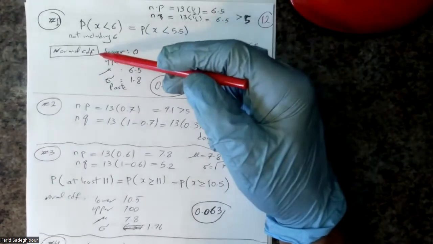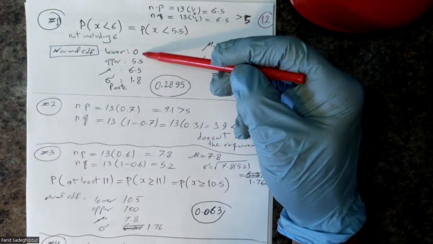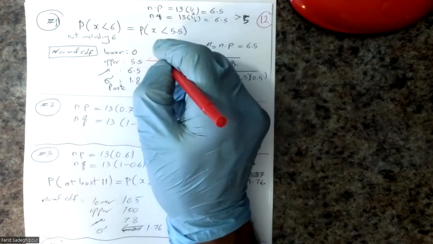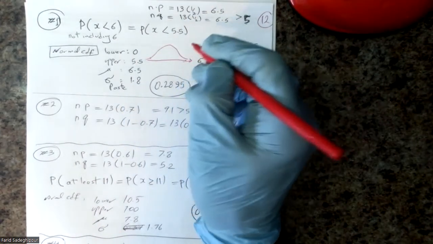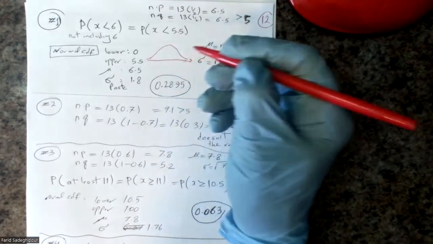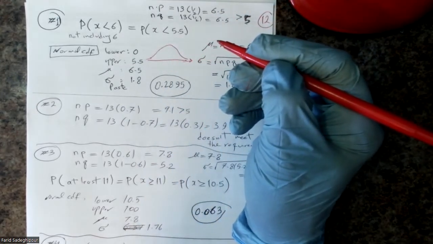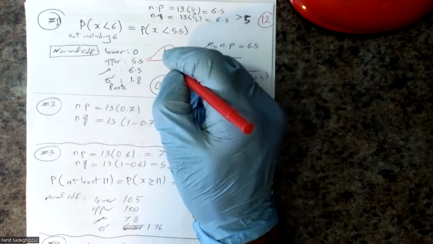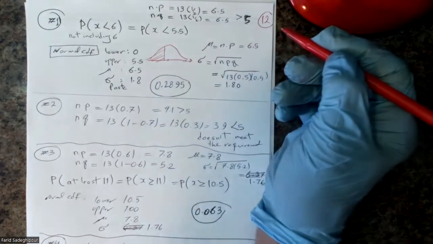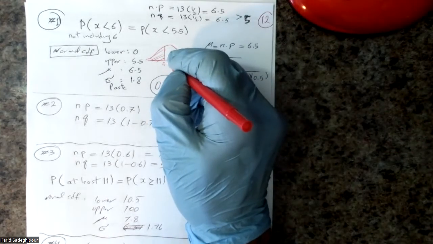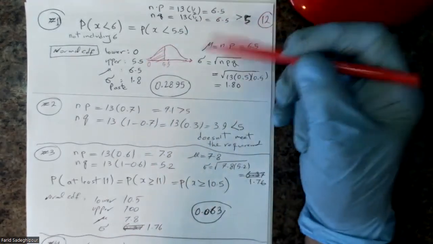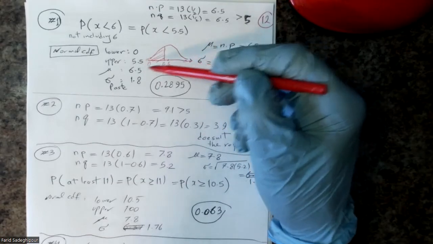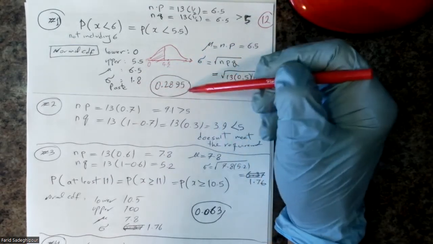So if you go to the normal CDF, your x is 5.5. If you want to calculate that area, the lower point is 0, the higher point is 5.5. You calculate mean and standard deviation, that gives you the area.